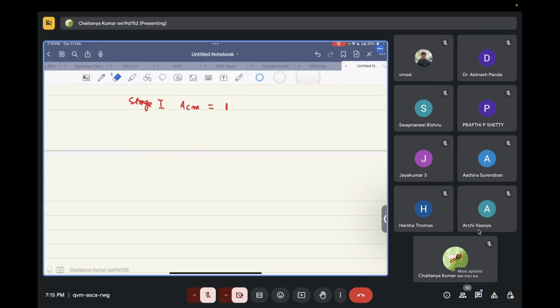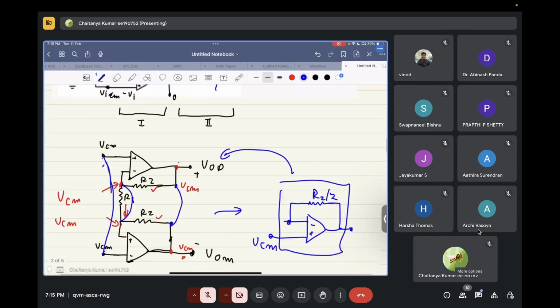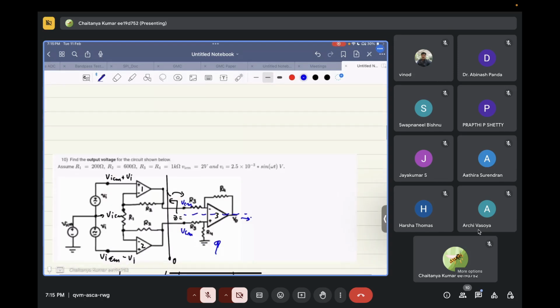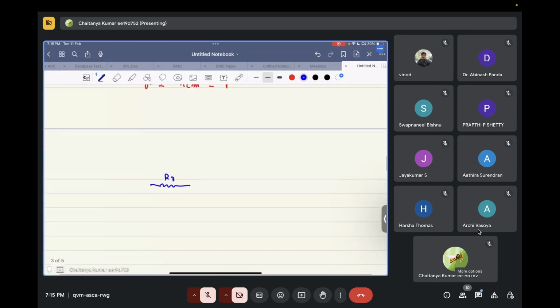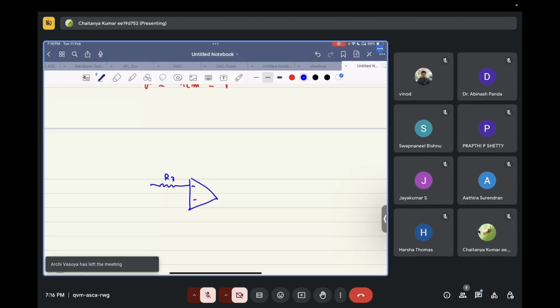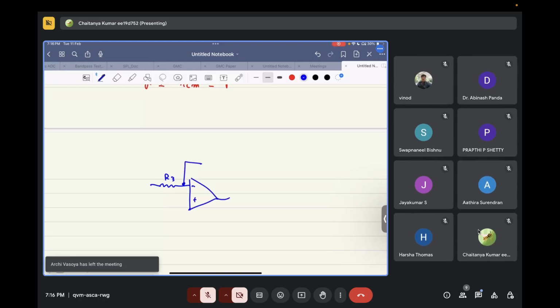So we have R3 over here, R4 over here, R3, and this is R4. Both the nodes are at VCM, right?